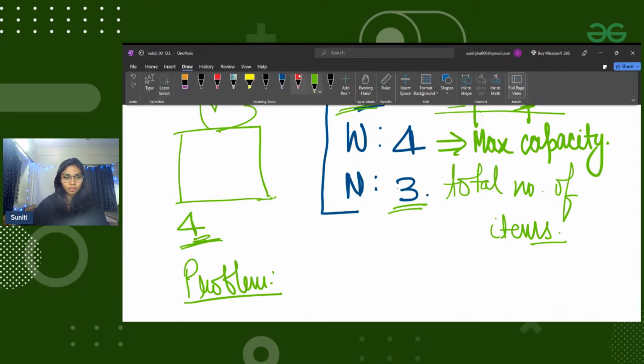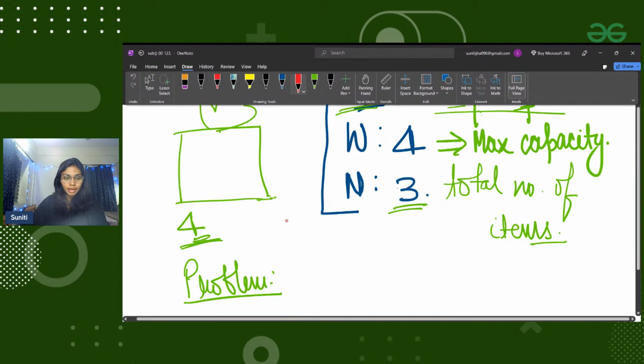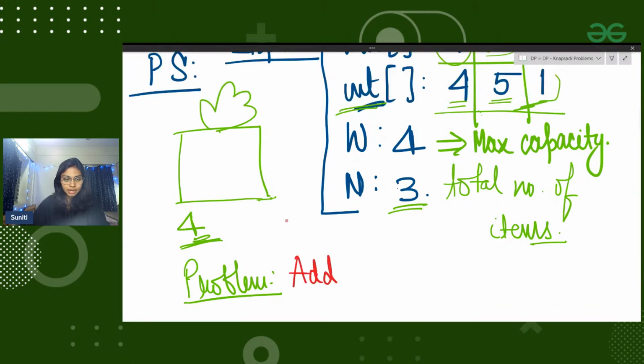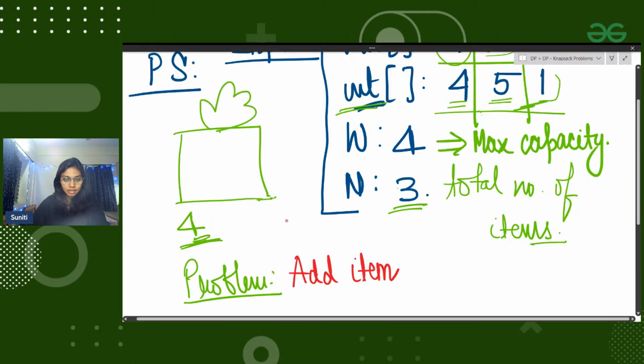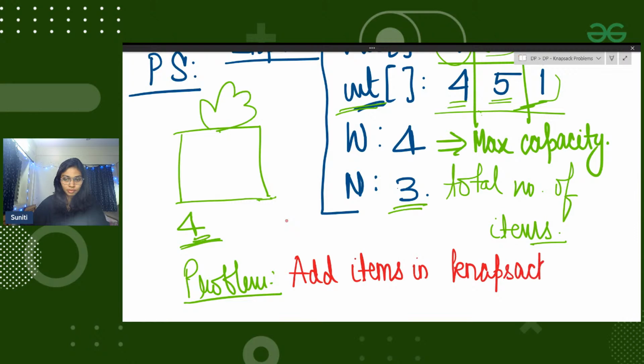What the problem basically asks is that you need to add items in the knapsack such that we get the max value.